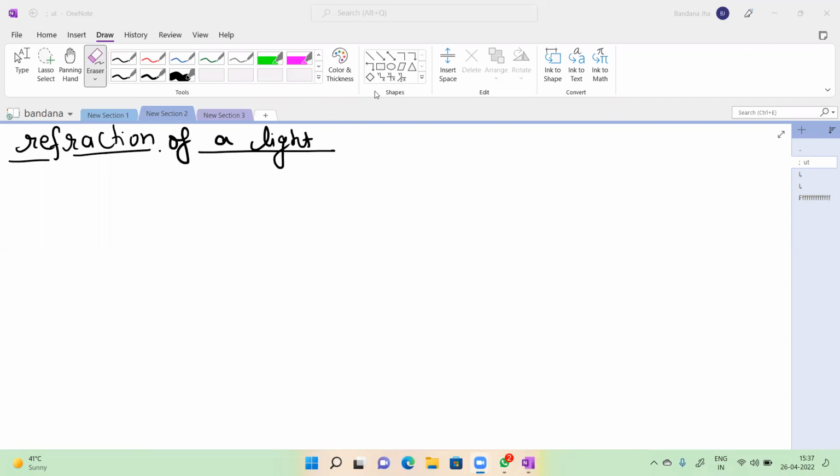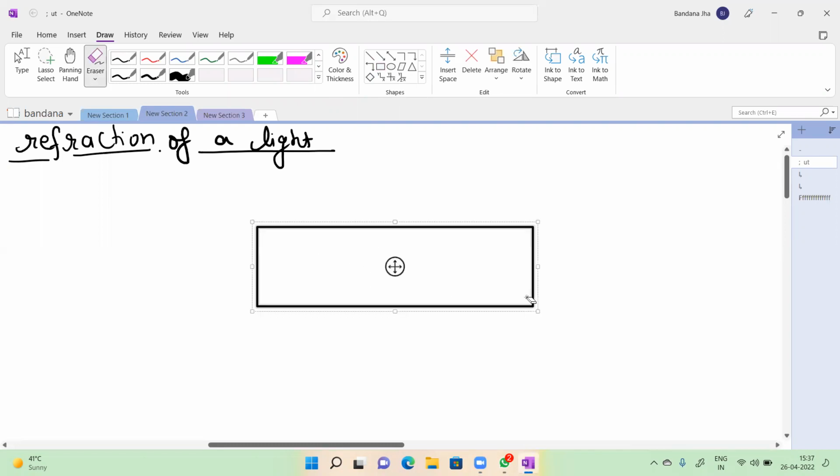Refraction of light. Now, what does it mean, refraction of light? Suppose this is your glass slab. Now, this is the normal. What is normal? Perpendicular to the surface.